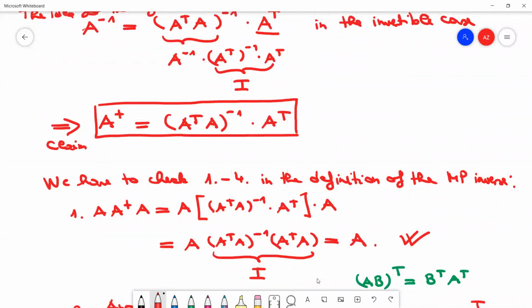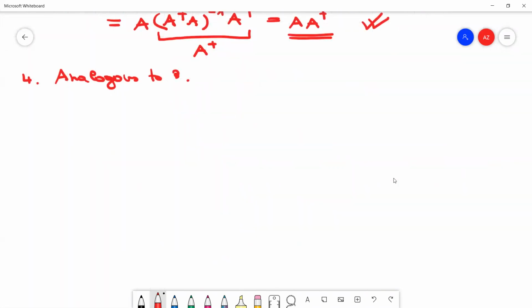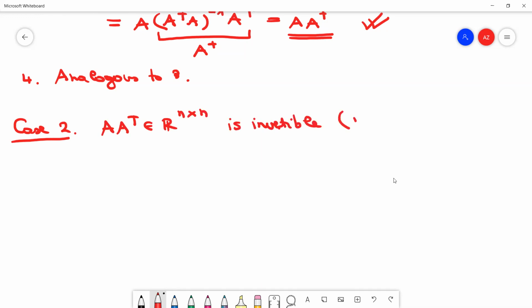So it's just an analog of case 1. So case 2, A A transpose, this is an n by n matrix. If this is invertible, meaning in particular that n must now be smaller than m.